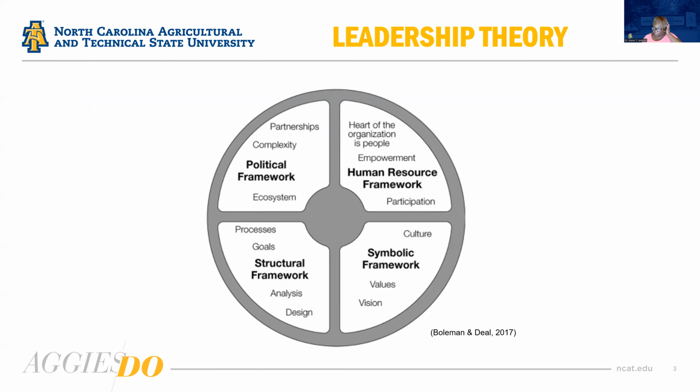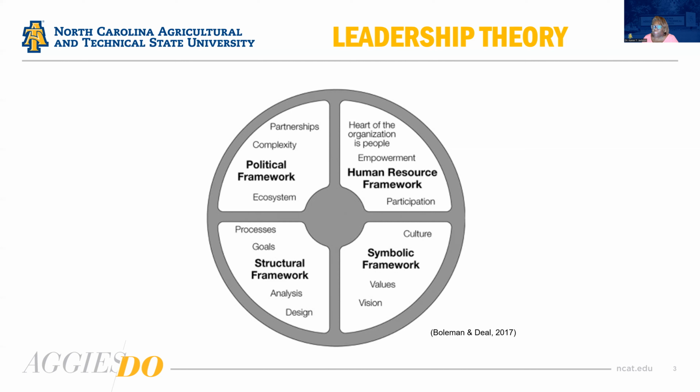So first off, this will look familiar to most of you if you've had our leadership theory course. It's the basic 4 quadrants of leadership. And the reason I wanted to bring this to your attention is because when we are thinking about ethics and decision making, we're thinking about the leader, right?